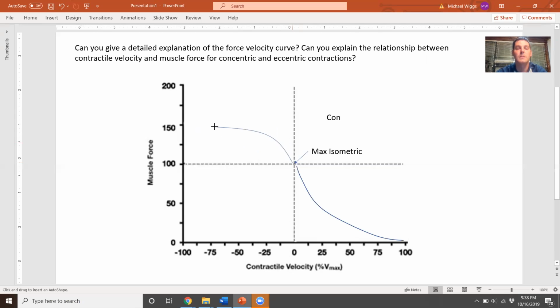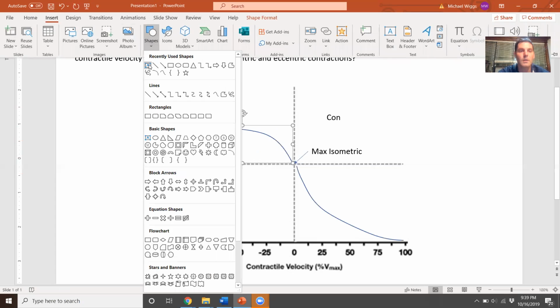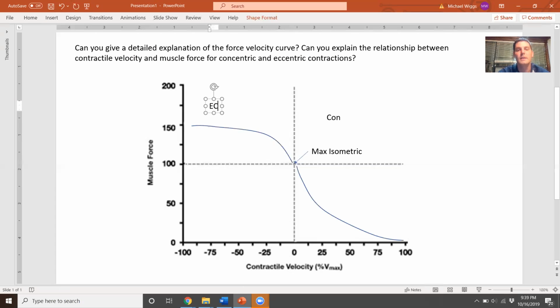So what we see is that eccentric contractions now, going in the opposite direction, are going to produce more force. On this side, we can say that this is an eccentric contraction, and they produce about 50% more force than max isometric.